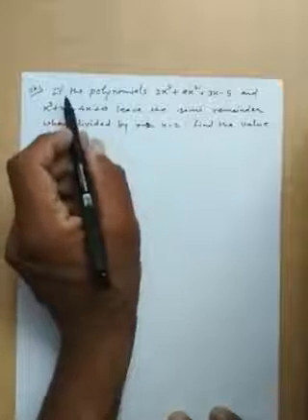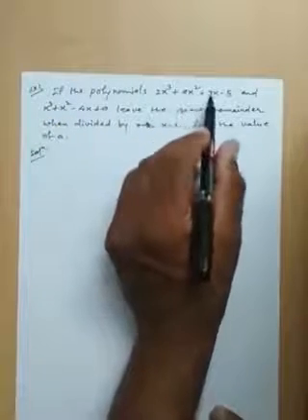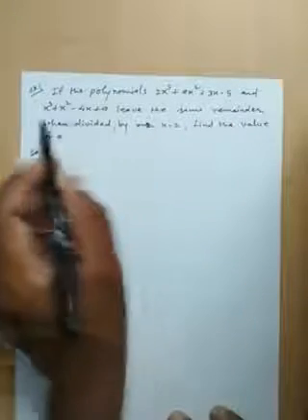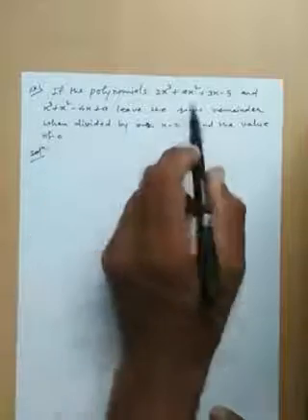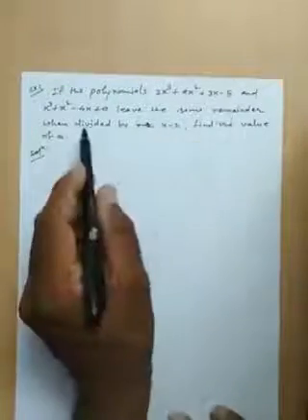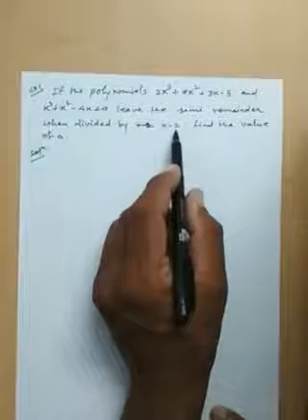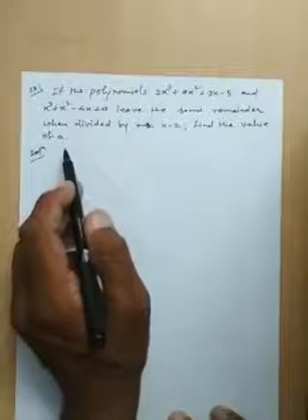Here the question is: if the polynomials 2x cube plus a x square plus 3x minus 5 and x cube plus x square minus 4x plus a leave the same remainder when divided by x minus 2, find the value of a.